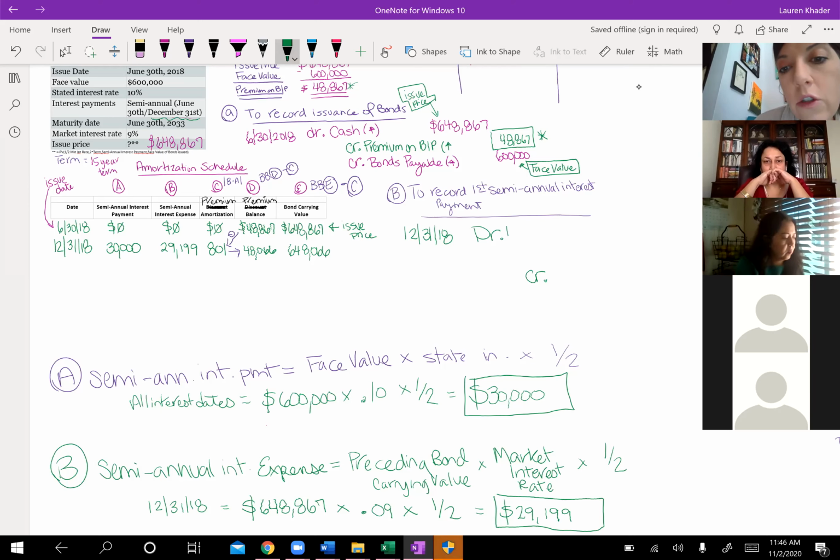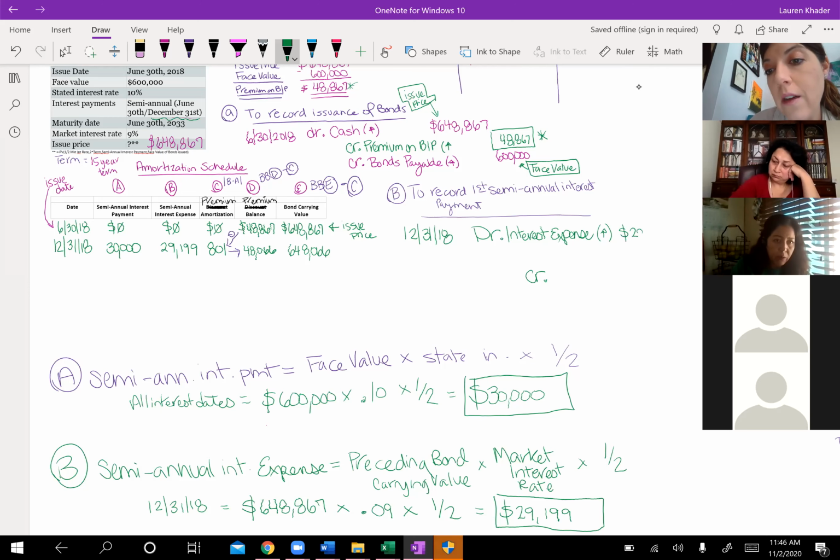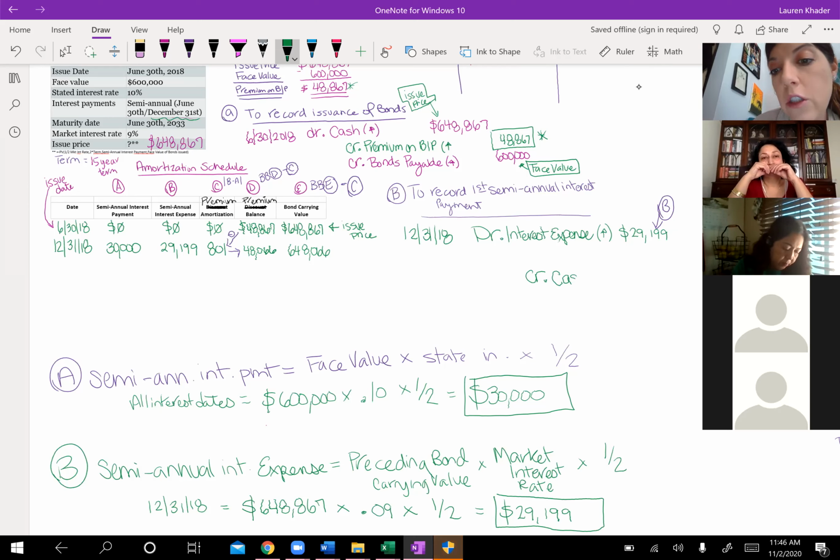We're going to debit interest expense, increasing interest expense for the amount of interest that we're going to expense, $29,199 from column B. On December 31st, we're paying out interest, so we're going to credit cash for $30,000 from column A. We need more debits to balance.